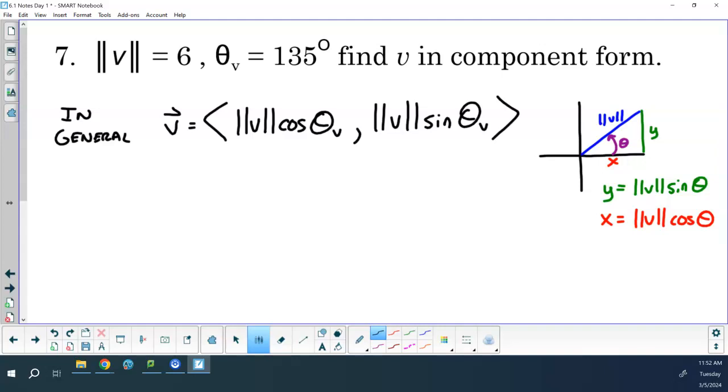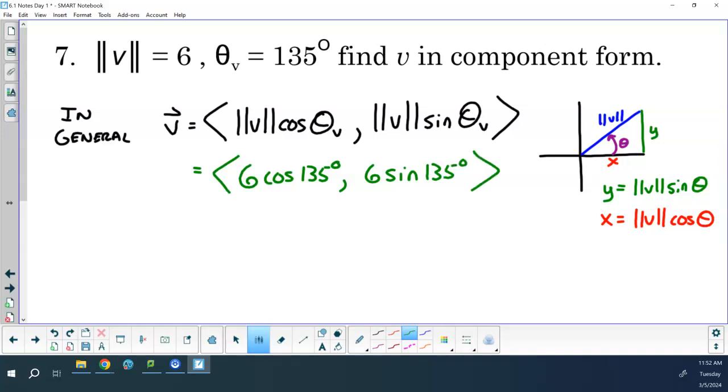So in this particular case, it would be 6 cosine of 135 degrees, 6 sine of 135 degrees.